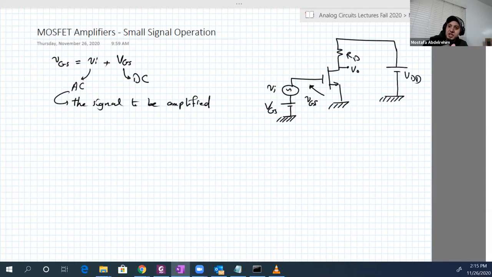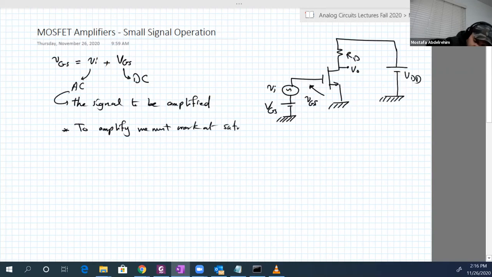So two observations here. Number one, since we want to use the transistor as an amplifier, we must work in the saturation region.